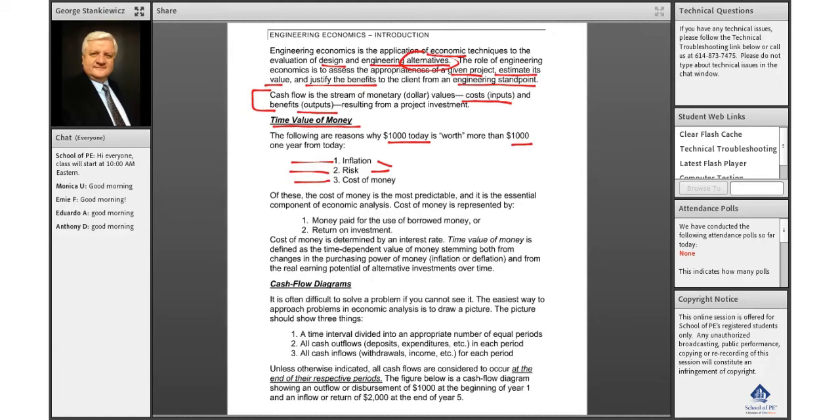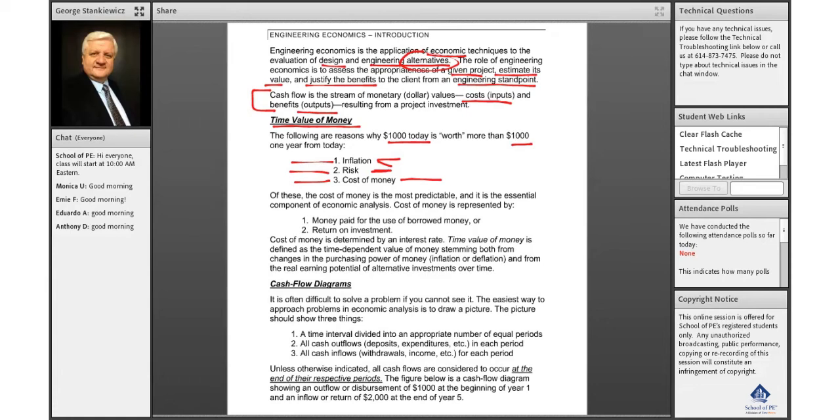If you have $1,000 today and you want that money to grow a year from now, inflation will impact your ability to buy the same value today as compared to a year from now. You have identified here risk and inflation as being items that you don't have any control over.